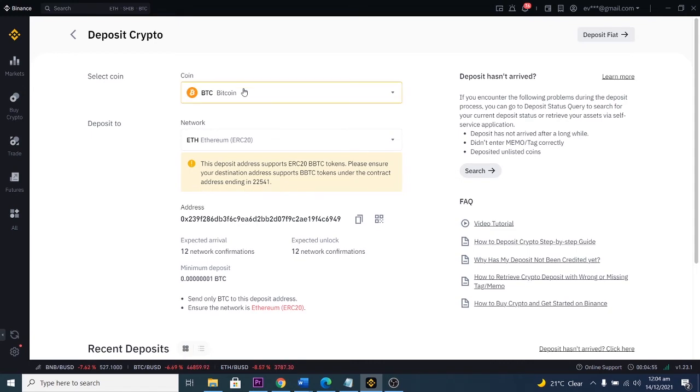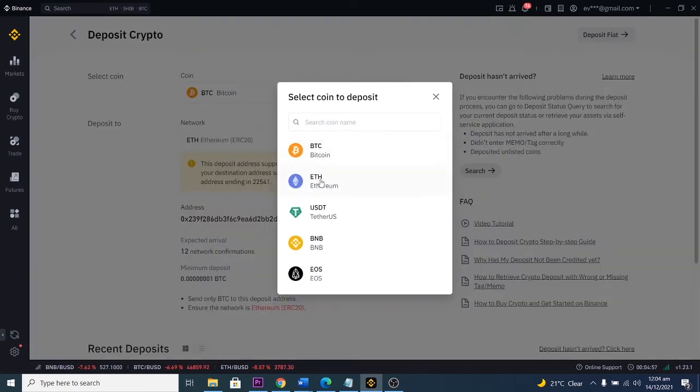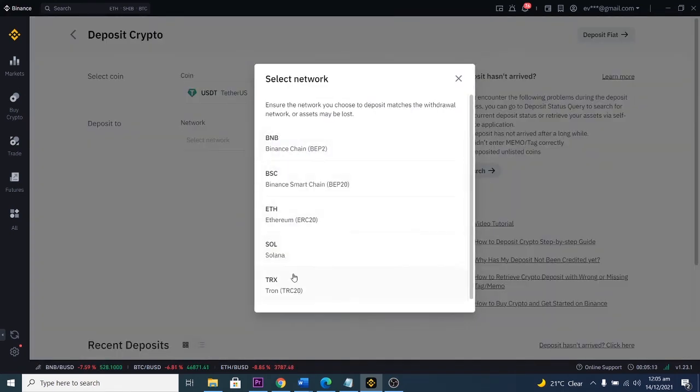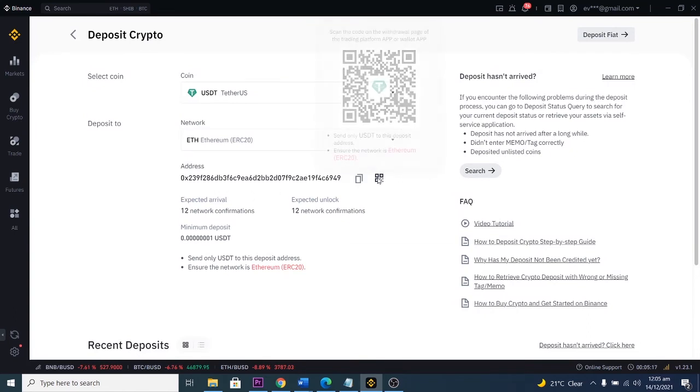If it's not BTC, maybe it's Ethereum or USDT the person wants to transfer, then you click USDT and select network ETH ERC20, and then this is the QR code. Scan the code or copy this and send it to the person, and whenever the person transfers, you'll be able to see it in your USDT address.